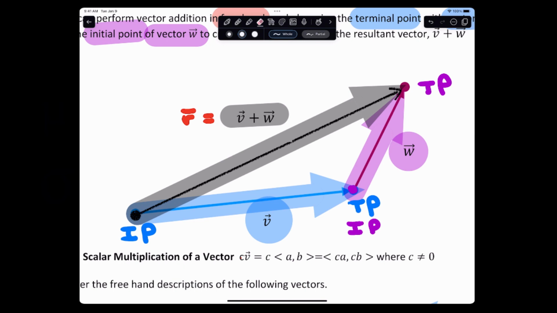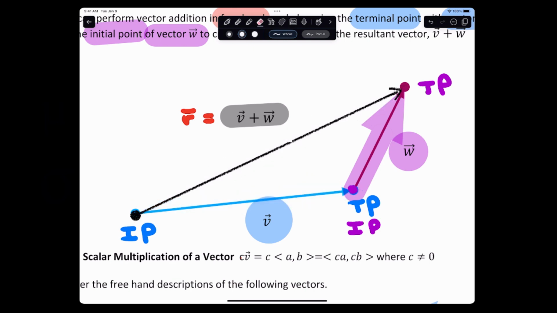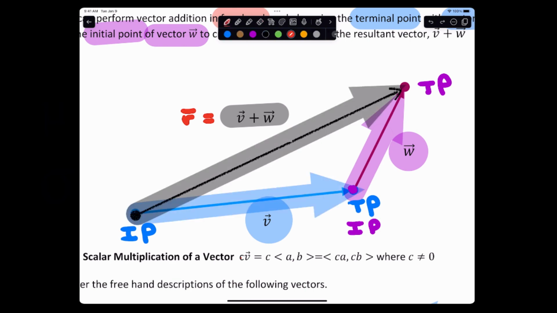So in some texts, what they'll say is for this vector, for the resultant, it has the initial point of the first vector. Let's get out a red dot. Has the initial point of the first vector, and it has the terminal point of the second vector.